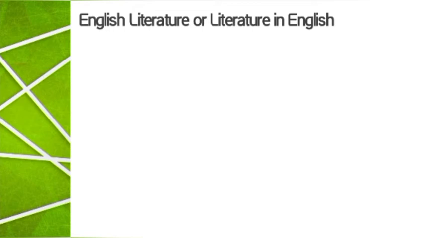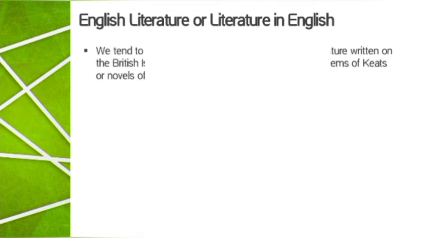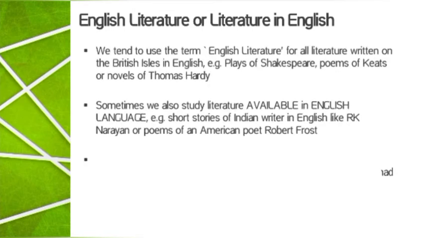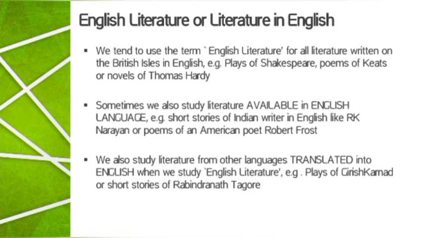English literature or literature in English: they have different meanings. So let's see. English literature means all the literature written on the British Isles in English. Literatur bahasa Inggris. Okay, English literature.